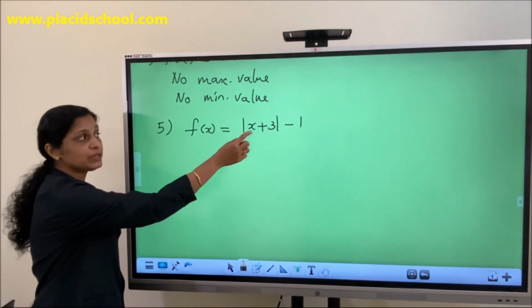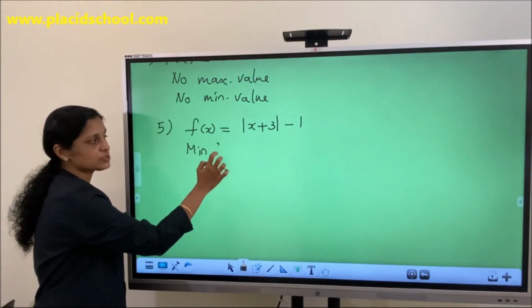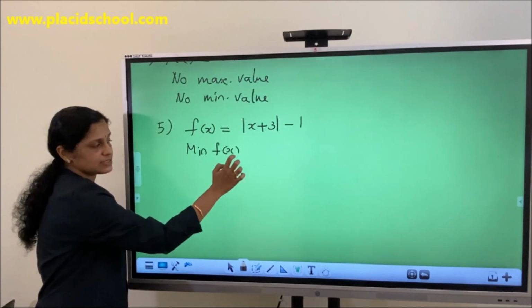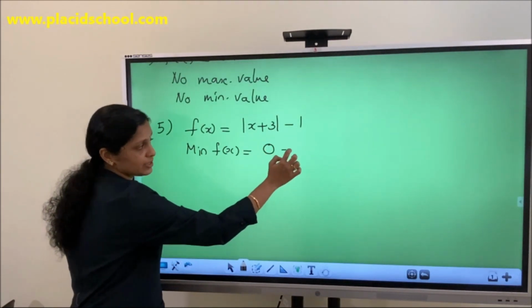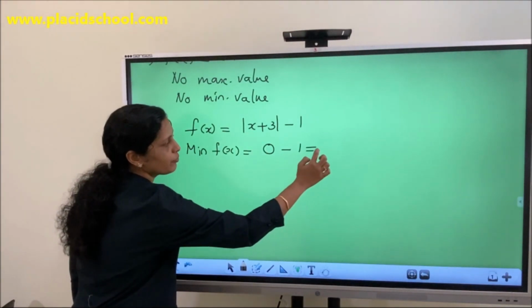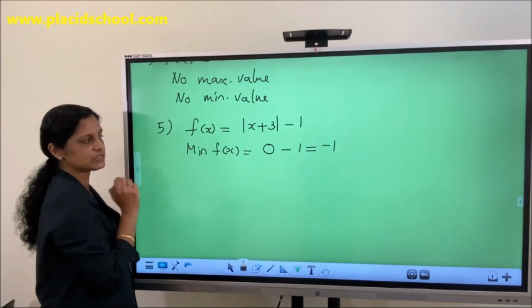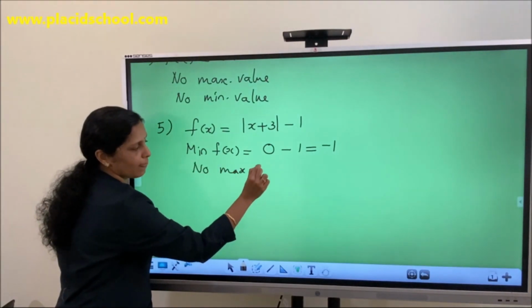Therefore, 0 is the minimum value of the first term. So for this f(x), only a minimum exists, and the minimum value is 0 − 1, where 0 is the minimum value of this modulus function. Therefore, −1 is the minimum value of this function and there is no maximum value.